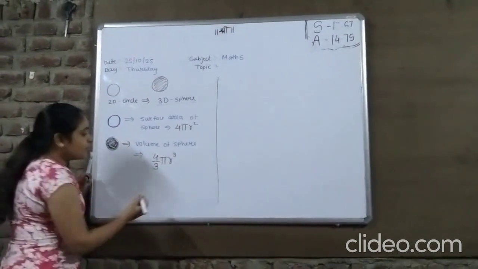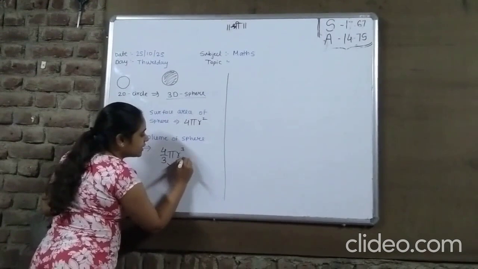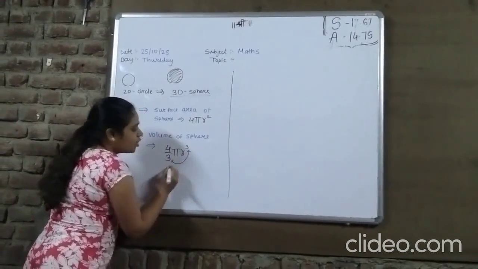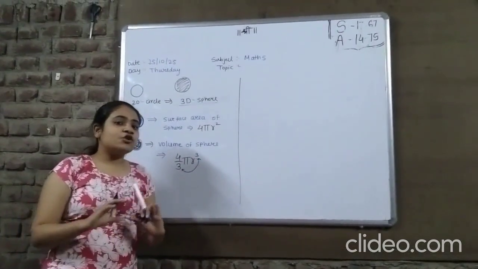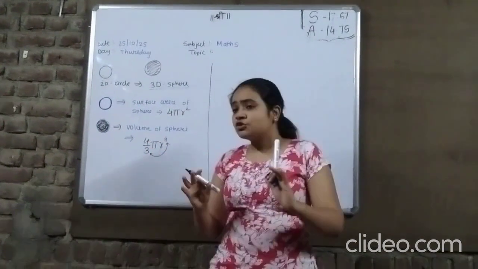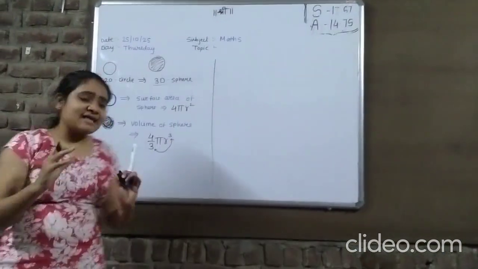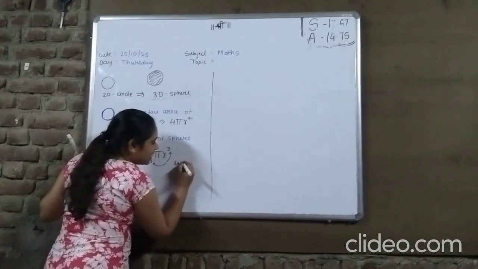All the other formulas contain r square, so you must not get confused. We will name this formula the arrow wala formula.